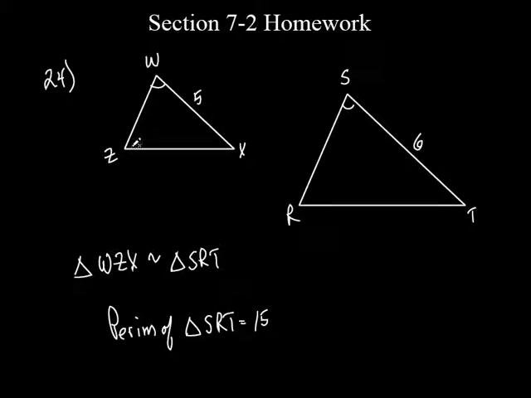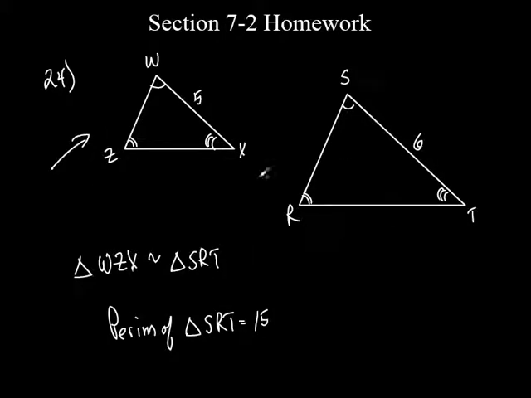Z and R are equal to each other, yeah. So these two are equal, and of course these have to be equal as well. Alright, and you want to find what? You're trying to find the perimeter of the given triangle WZX. So we're trying to find the perimeter of this one, because we already know the perimeter of this one.